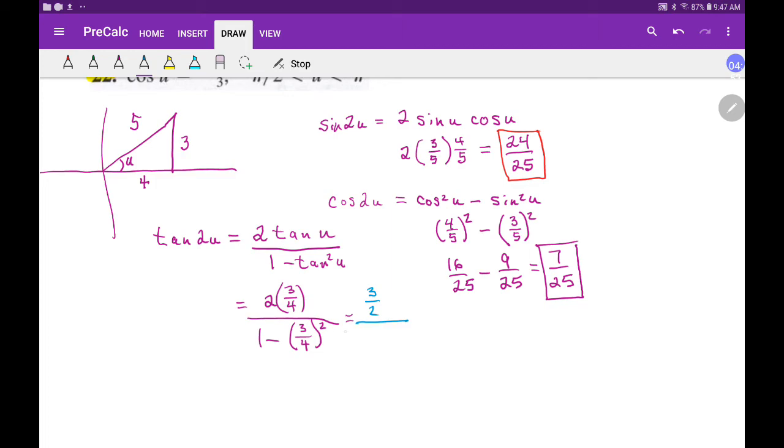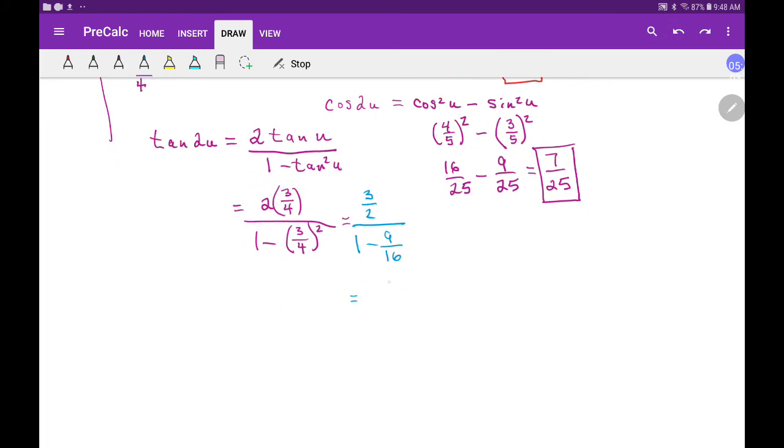And on the bottom, I'll have 1 minus 9 over 16. And I think I'll carry that on down here. We'll say that's 3 over 2 over 7 over 16. I'm going to multiply top and bottom by 16 because I don't want a complex fraction. And the 2 is going to cancel, so that leaves me 8 times 3 is 24 over 7. I think that's it. What else could I do?